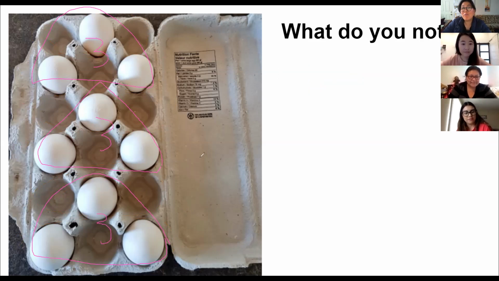All right. I have one more question. And this might require what Miss Rosales says, higher thinking. When I was looking at this picture, I noticed something is missing. What's missing, boys and girls? Some eggs are missing, my friends.